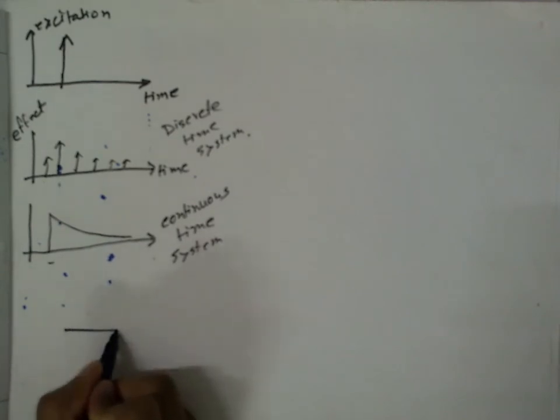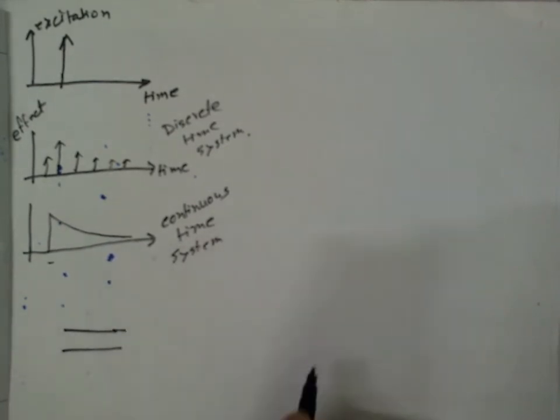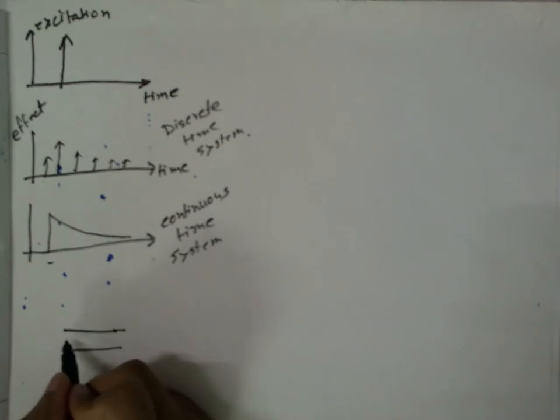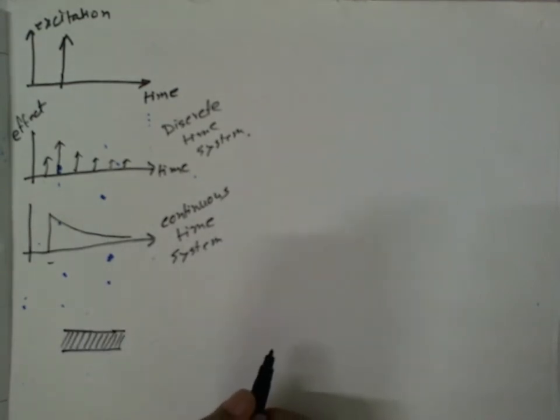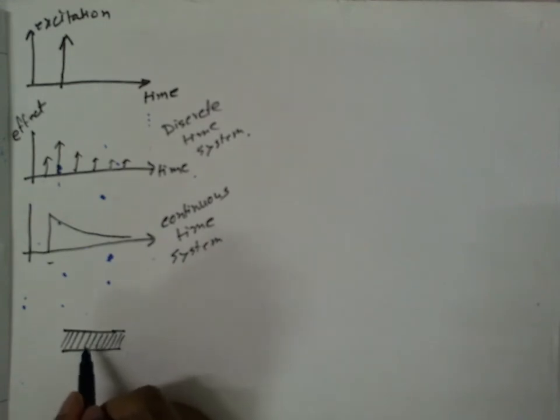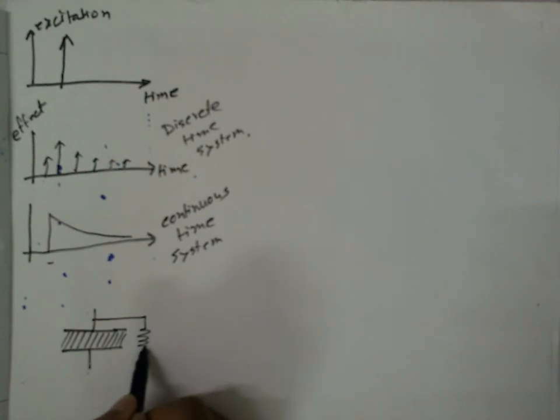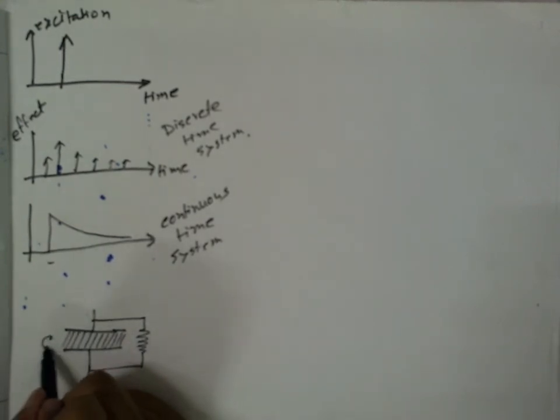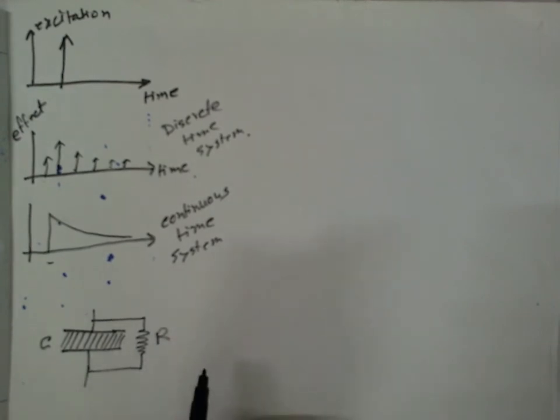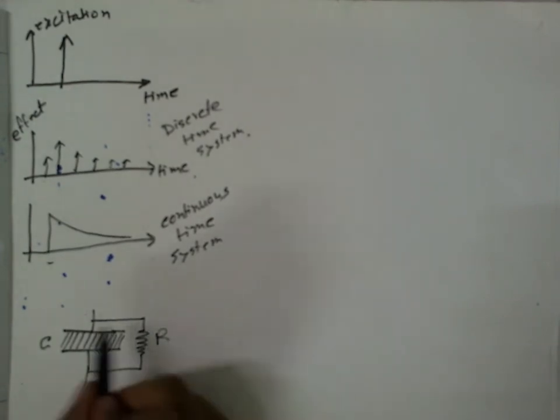So we have a set of parallel plates with some dielectric sandwiched between them, but this dielectric is not perfect, so some amount of charge can leak through it, which we can model as a resistance or conductance in parallel to this capacitance. So this is C, and some conductance or resistance R.